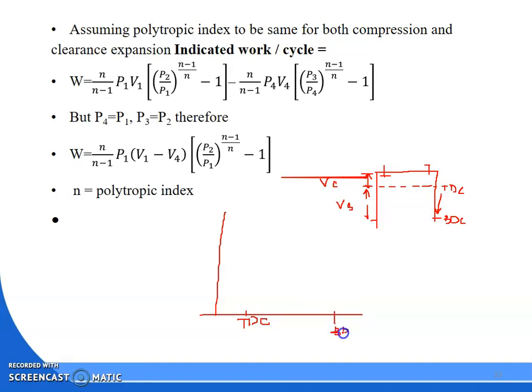Now we are considering the clearance. So this is the clearance, VC, the clearance volume. When the piston moves from TDC to BDC, that is your suction, so since we are considering the clearance volume, we start from here.